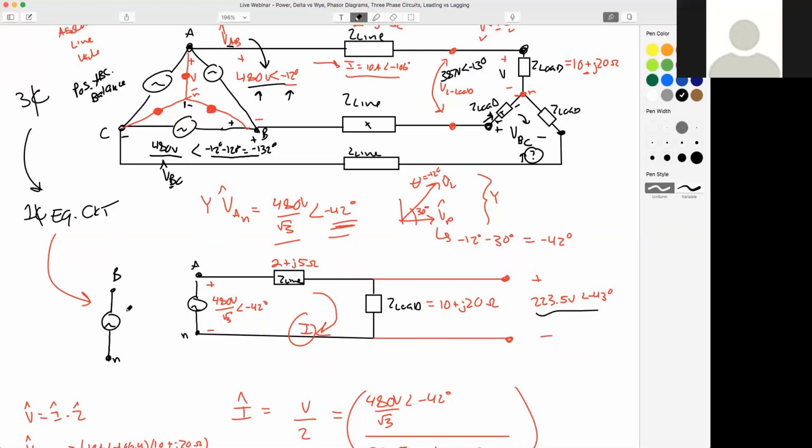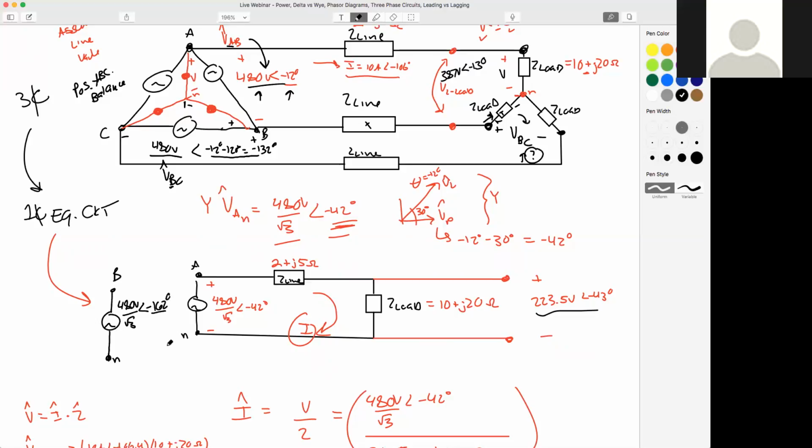What would that be? 480 volts divided by root 3, same magnitude. What would my angle be this time? Yep, Mary, negative 162. Fantastic.